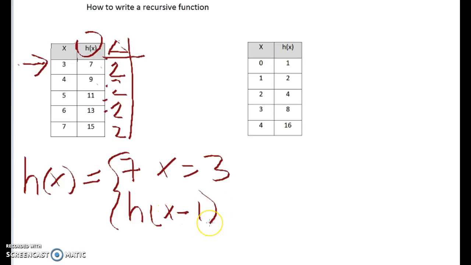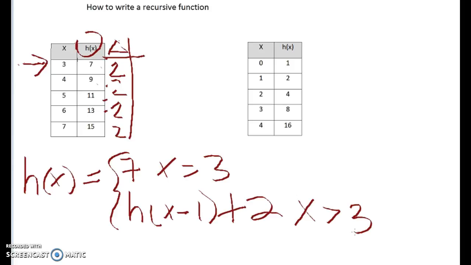That represents the previous entry, and we say plus 2. 2 is our delta. We would do this when x is greater than 3. So all values that are greater than the input of 3, we would use h of x minus 1 plus 2. This is how we write the function recursively for the table h.